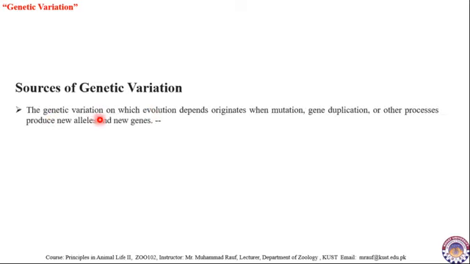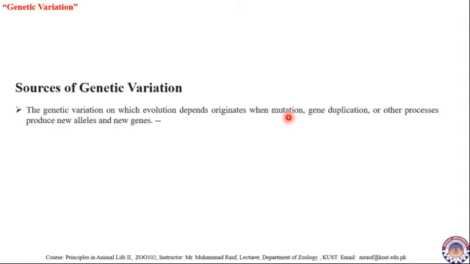The genetic variation on which evolution depends originates when mutation, gene duplication, or other processes produce new alleles and new genes. We have already discussed those processes.